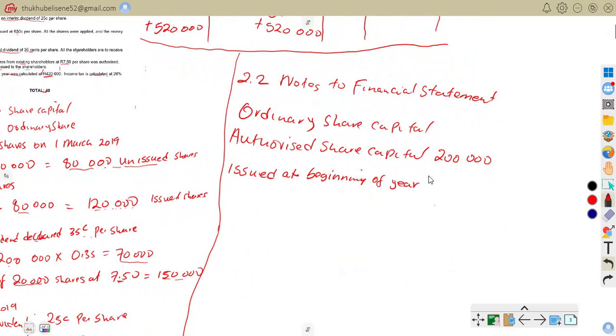The issued ones. So we know we issued how much? 120,000 shares. So you can even see here that these are our 120,000 shares that were issued.